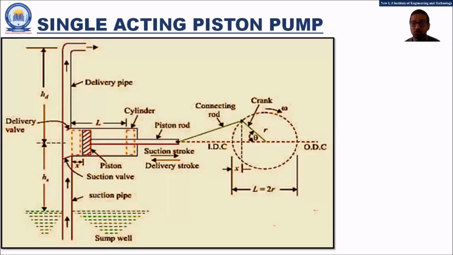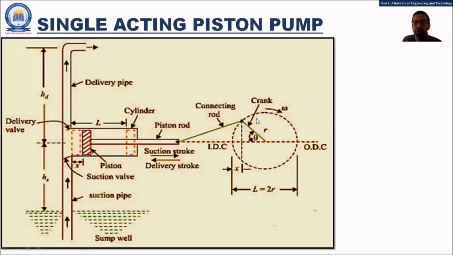The first stroke is considered as the forward stroke or the suction stroke. And the second stroke is considered as the reverse stroke or the delivery stroke. So now let us understand the first stroke, that is known as the suction stroke or the forward stroke.